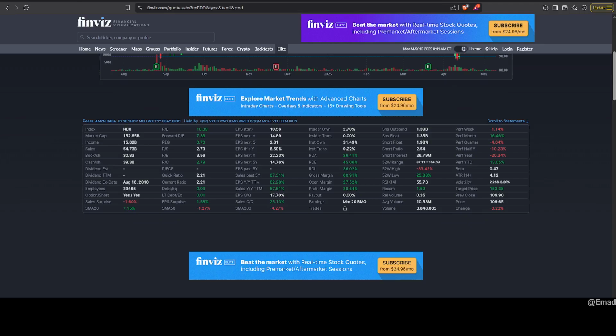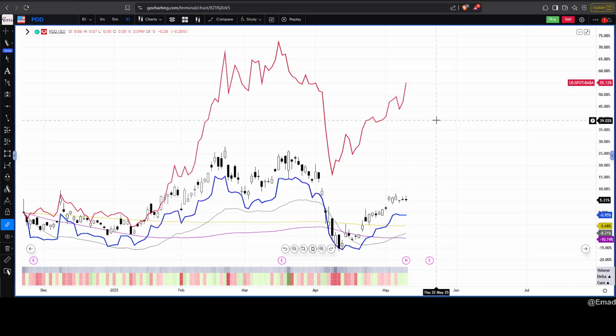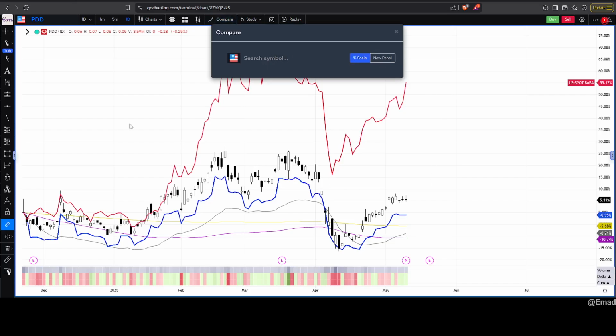Looking at the spread on capital.com, Baba is 0.17 and, you might not be able to see it, PDD is 0.21. So let's go with Baba. Let's trade Baba today. Baba has slightly lower spread. Lower spread is good for business. Let's compare.